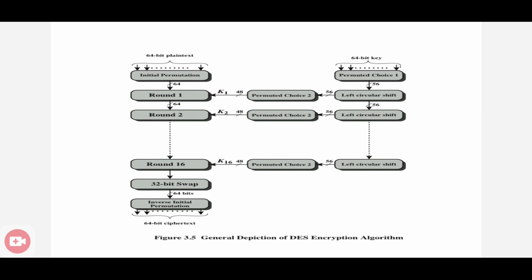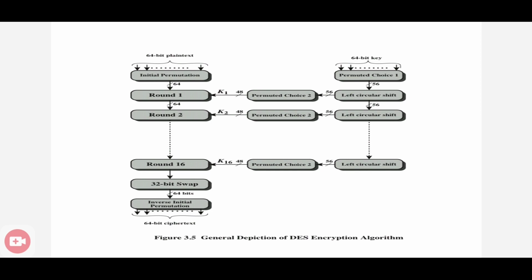So encryption is the conversion of 64-bit plain text into a 64-bit ciphertext. First phase is an initial permutation. Then after the initial permutation, you can see round 1 to round 16, 16 rounds plus a swapping mechanism. A 32-bit swap is there. Swapping is the interchanging of the left half and the right half.